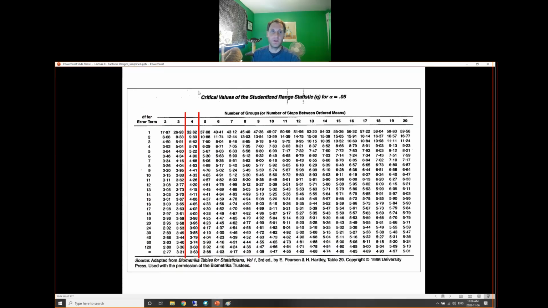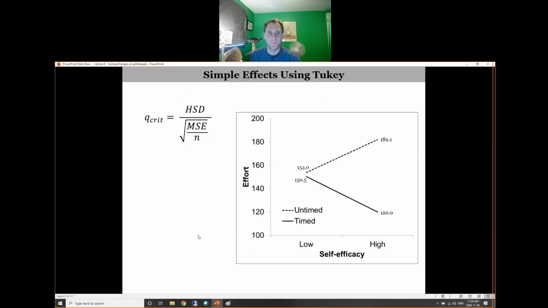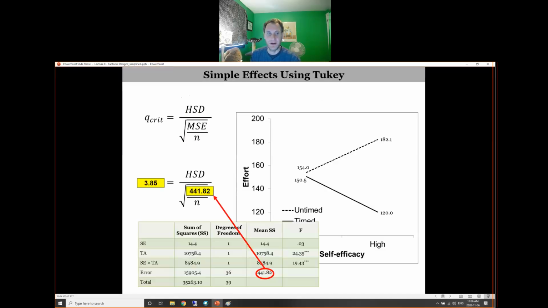Coming to my table, I have an r of 4 and 36 degrees of freedom. There's no 36 in my table, so I go down to the next nearest number, which is 30, and I find my q critical is 3.85. Plugging that in, I can plug in my mean squared error.